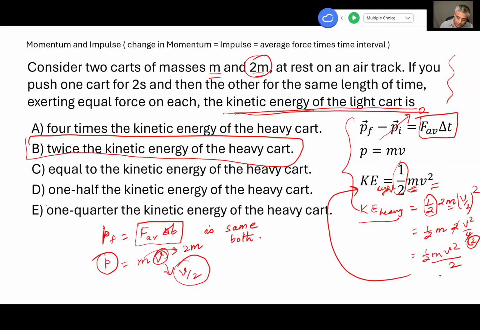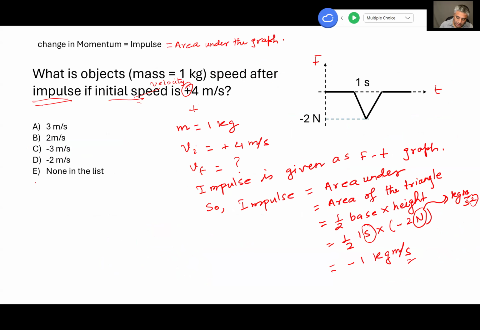So now using the momentum relationship, change in momentum is impulse.